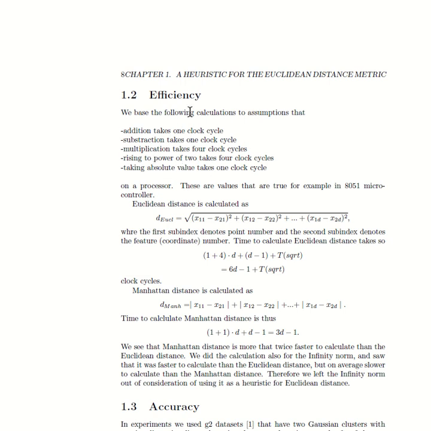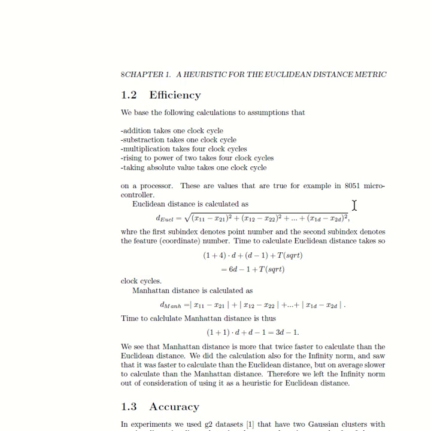How much those take time in the processor. And these values are taken from 8051 microcontroller. It may be different for some other processor, but this data was available for me.